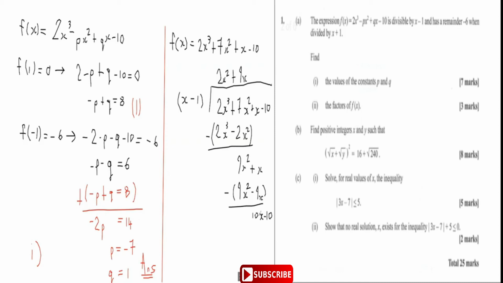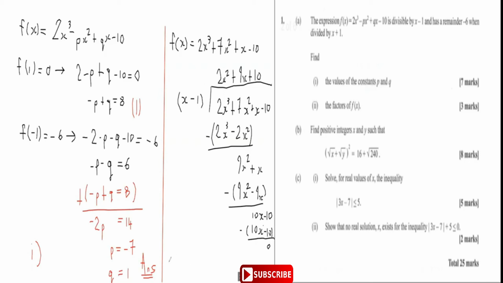Then x into 10x is positive 10. And then 10 times x is 10x. 10 times minus 1 is minus 10. Then we do our subtraction. We get 0. All right, so now we have the quadratic factor.